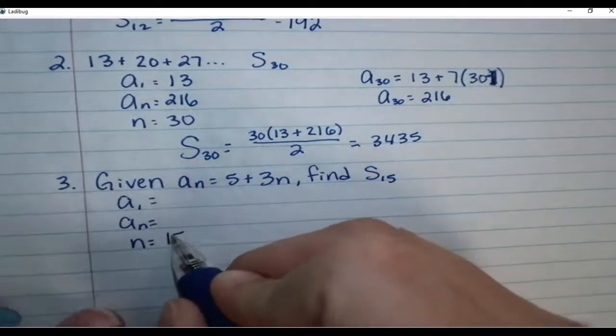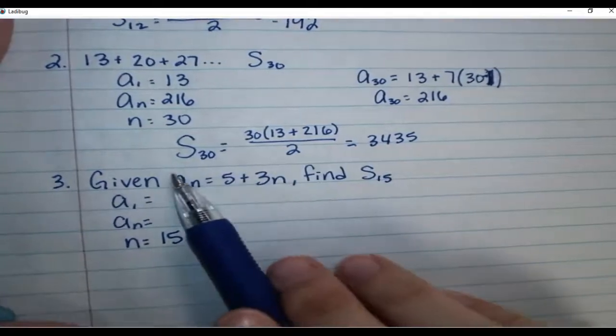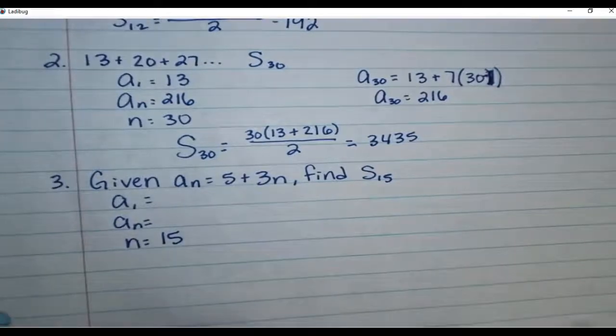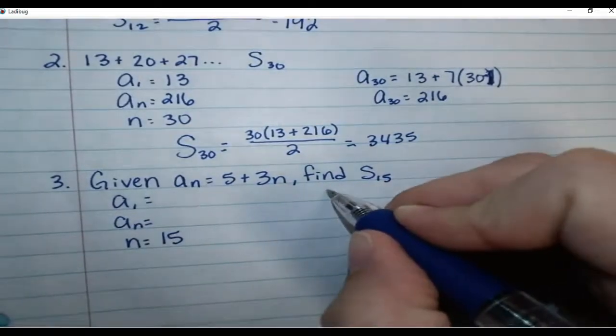So we know n. How can I find a1 and an? Yeah, so we use our explicit formula right here, and we just plug in. We plug in 1 to get a1, plug in 15 to get our 15th term.